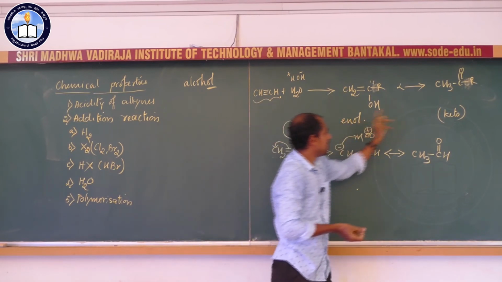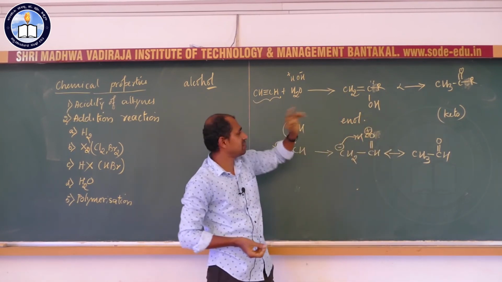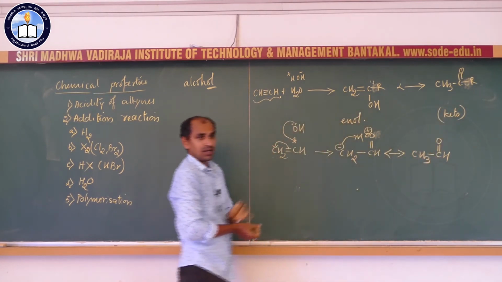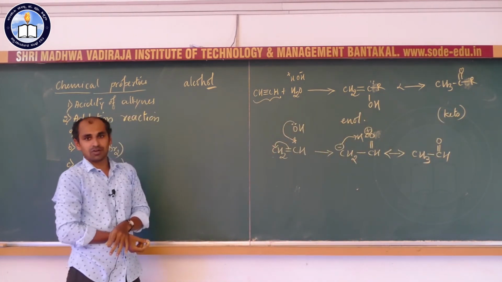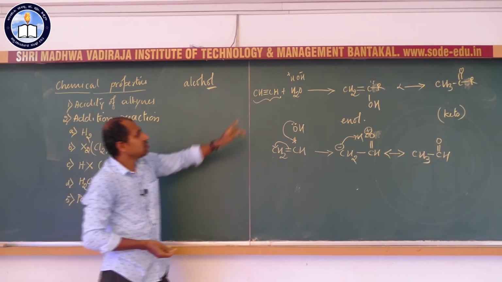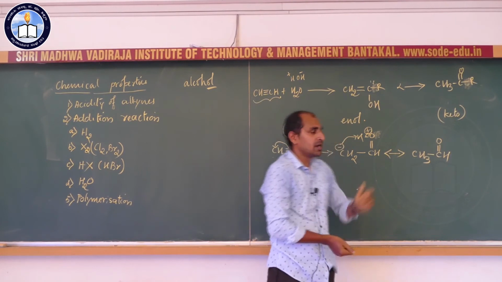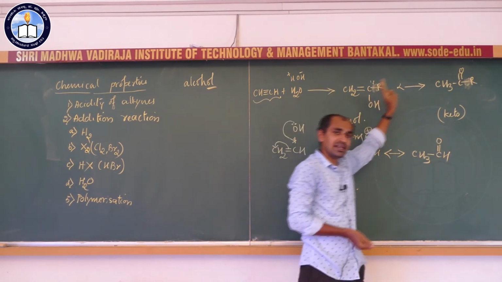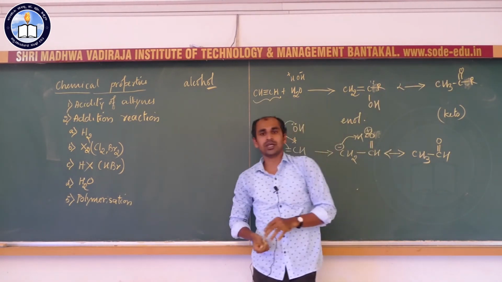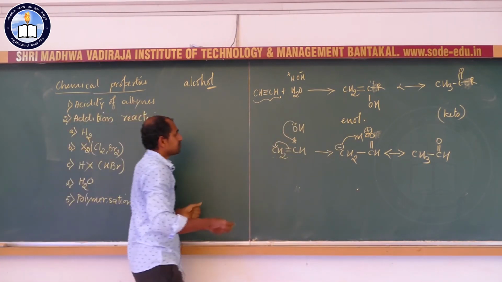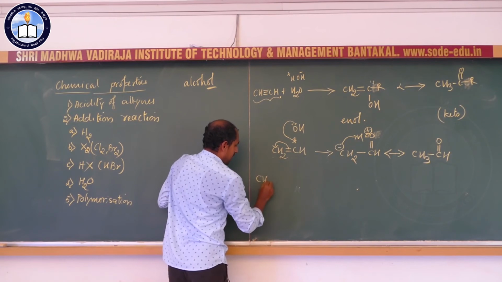This type of interconversion from an enol to a carbonyl group is called keto-enol tautomerism. So only one molecule of water adds across the triple bond to give an enol, which immediately undergoes tautomerism to give the corresponding carbonyl group. Now, I will take a substituted alkyne.